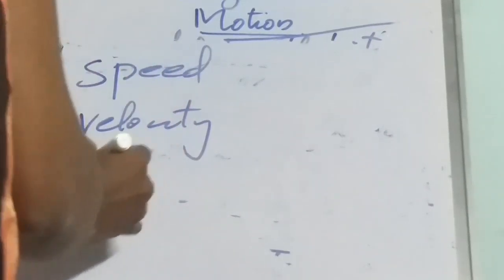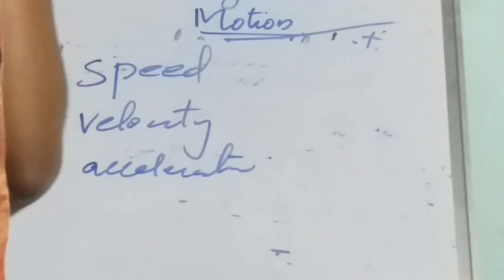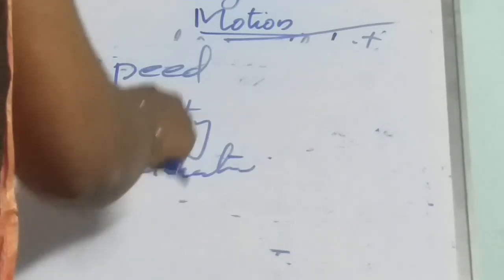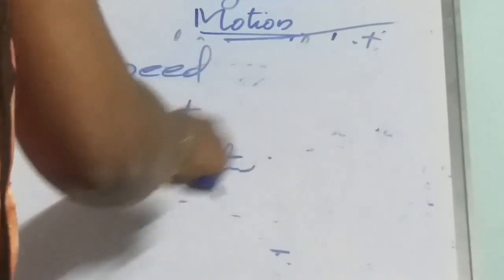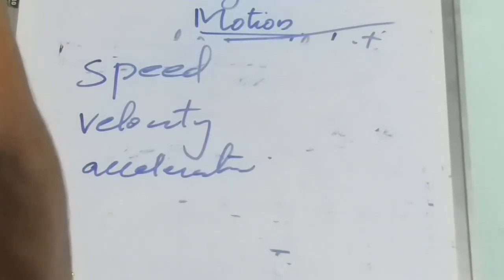Acceleration is the change in velocity of an object in unit time. The equations are: speed equals distance by time, velocity equals displacement divided by time, and acceleration equals change in velocity by time.